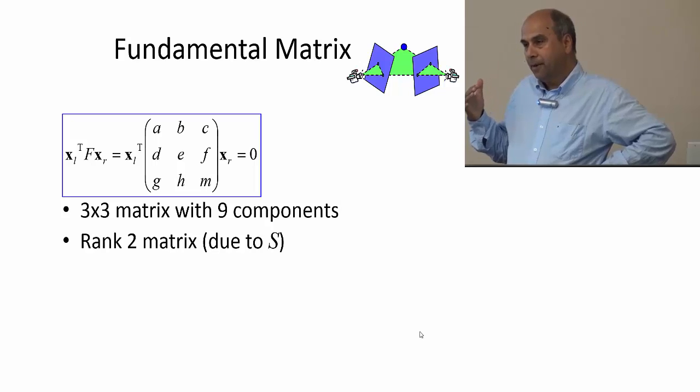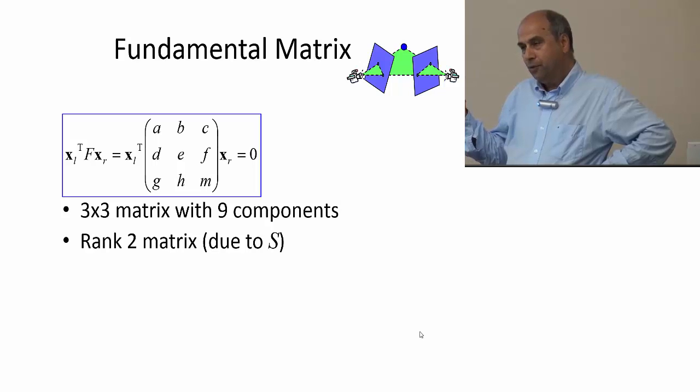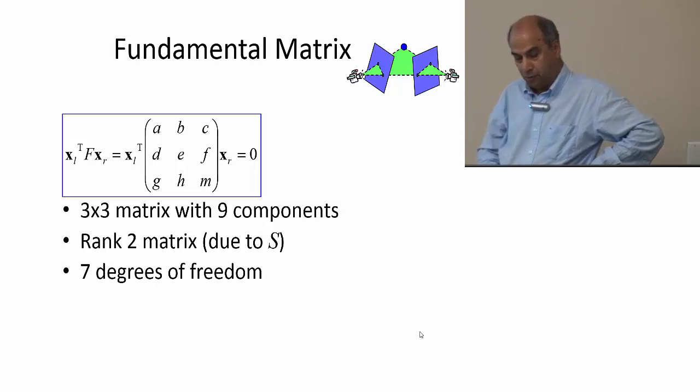The essential matrix is a product of the rotation matrix, which is rank 3, and the translation matrix, an anti-symmetric matrix with rank 2. If you multiply two matrices together, the rank of the product will be at most the lower rank of the matrices. That's why it is rank 2.